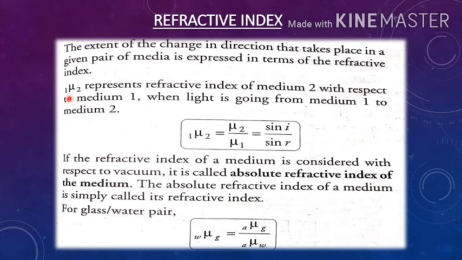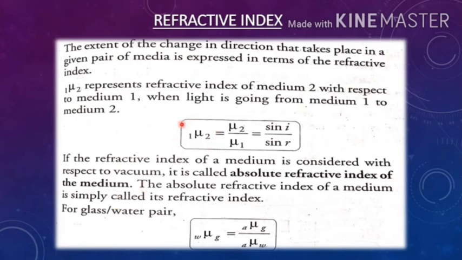Let this symbol rho represent the refractive index of medium 2 with respect to medium 1. If we write it in this form, it represents the refractive index of medium 2 with respect to medium 1, when light is going from medium 1 to medium 2.